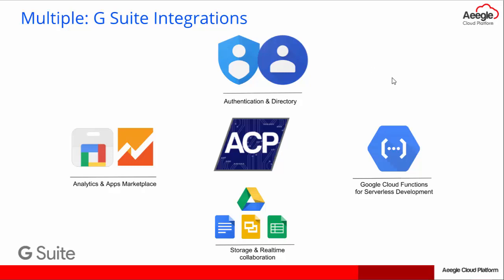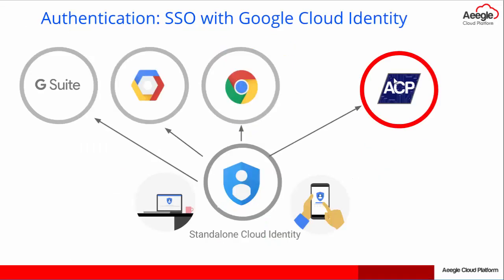So let's jump into the details for the first integration, and that will be authentication. It is well known that Google is becoming an excellent provider for cloud identity. It is the leader in communication and collaboration. Now Google is adding security across its Google products, or its cloud products.